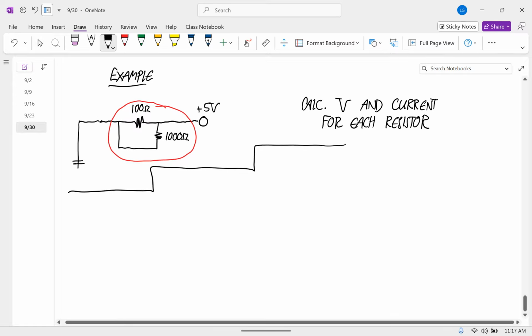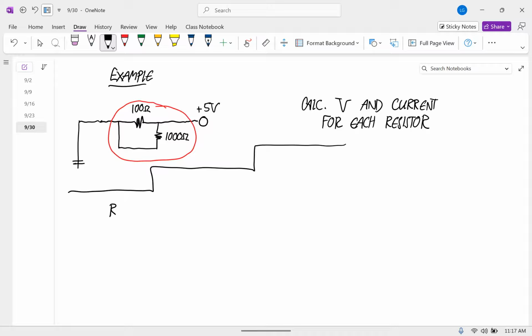So R for the entire resistor circled in red is equal to 100 times 1,000 divided by 100 plus 1,000. And we get, can someone calculate that for me?